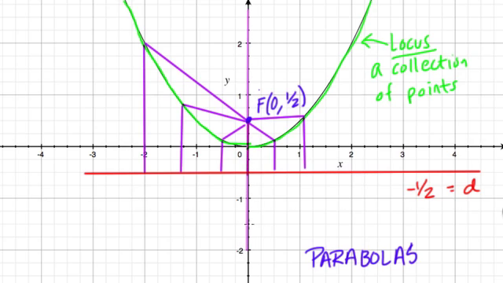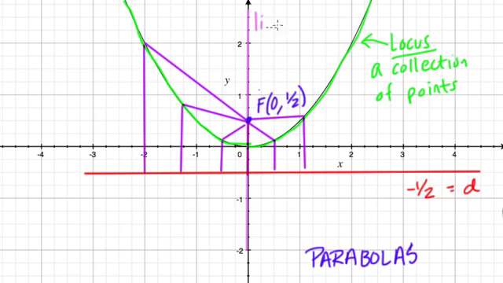This vertical line, in this case, is our line of symmetry. It's the line that cuts your parabola in half, so that in this case, our left side and our right side are mirror images of each other. That's why this is called the line of symmetry, because it cuts your shape into symmetric pieces.